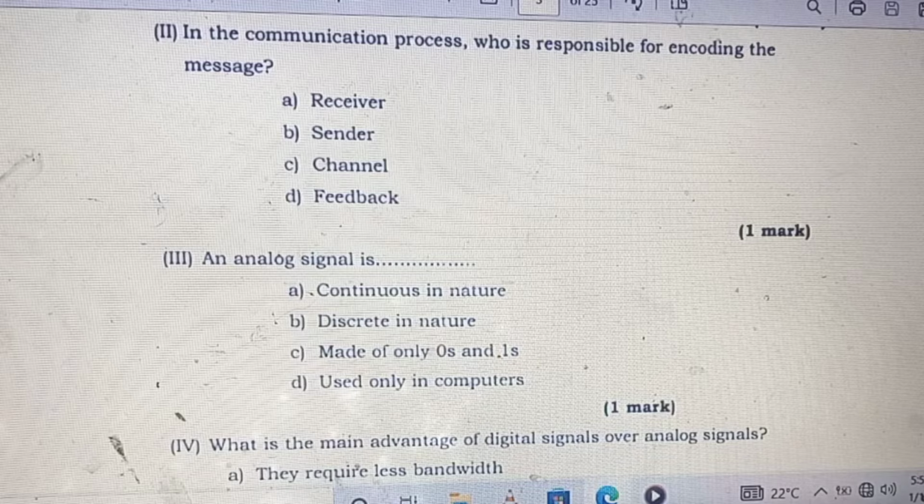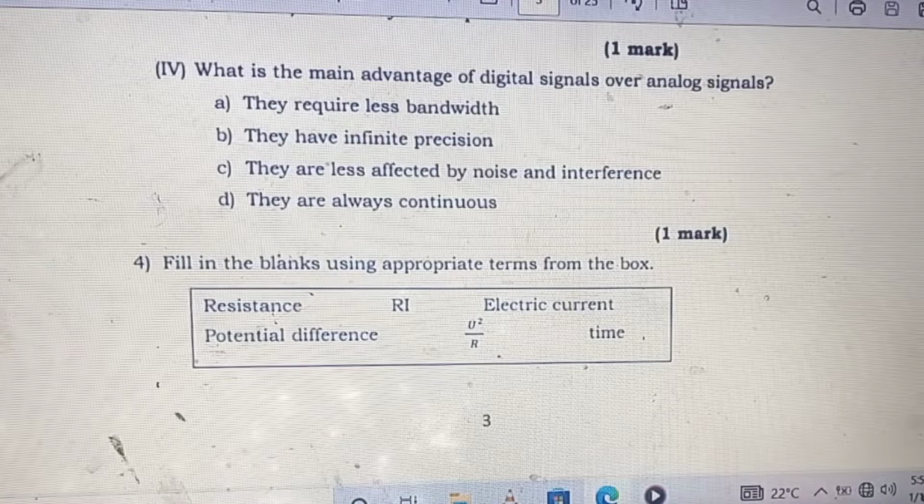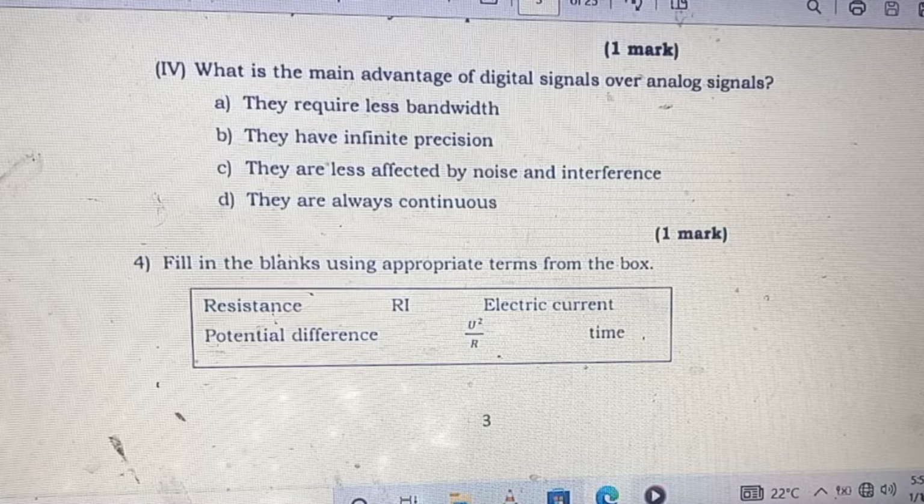The correct answer is letter B, sender. III. Analog signal is. The correct answer is letter A, continuous in nature. IV. What is the main advantage of digital signals over analog signals? The correct answer is letter C. They are less affected by noise and interference.